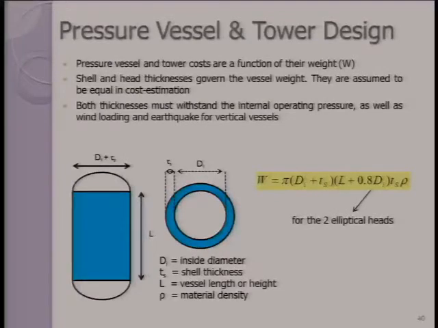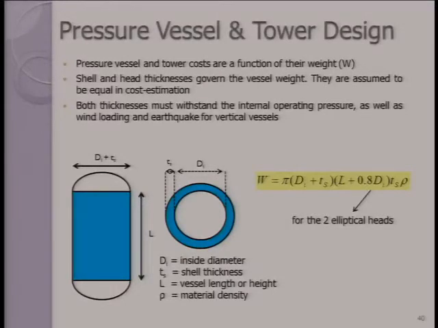Okay, so now let's start with the shell thickness calculation. Like I said, the cost of a pressure vessel depends on the weight. To get the weight, we must be able to calculate the shell thickness.